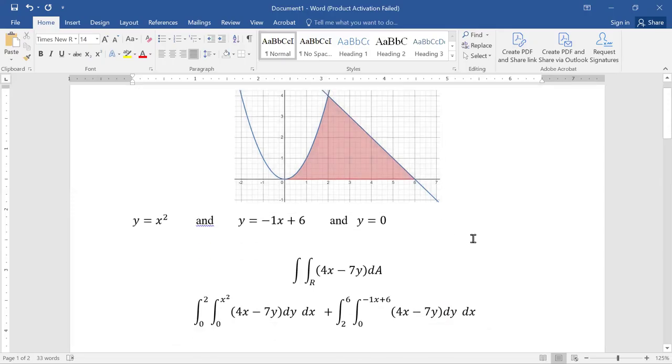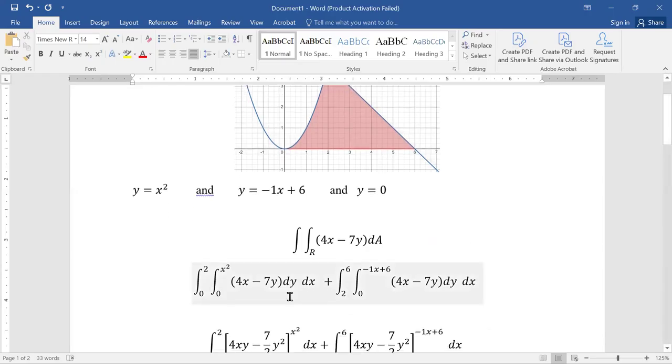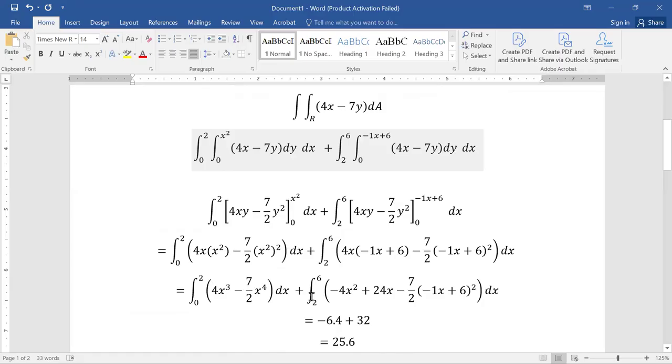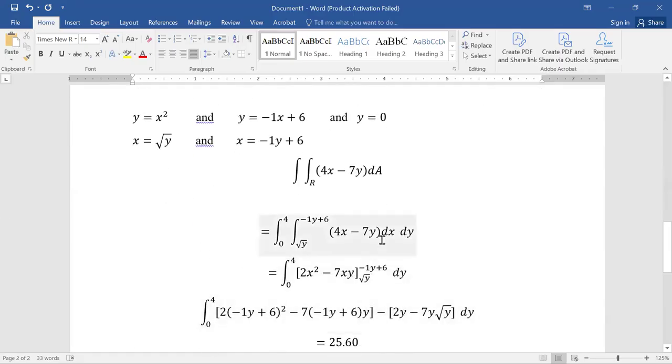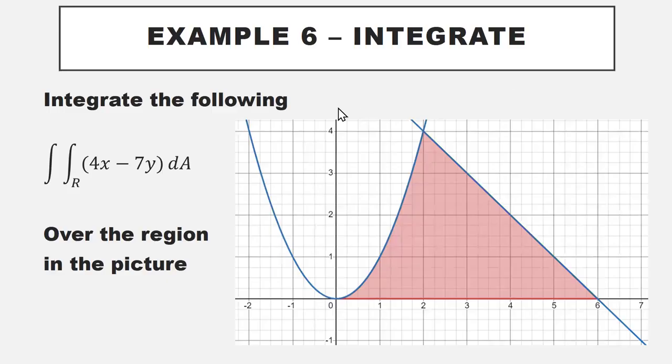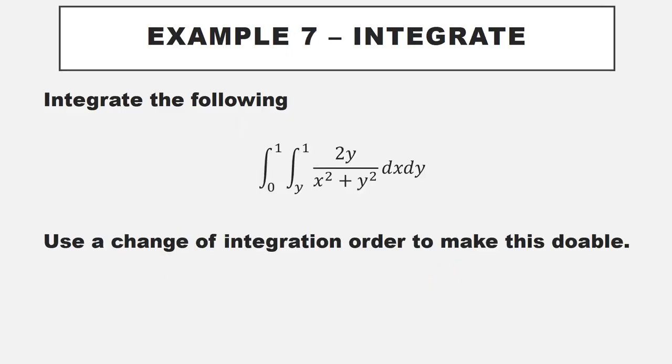And we also saw that when I integrate with respect to y, then with respect to x, you'll get the same answer as when you integrate with respect to x and then with respect to y, as long as the bounds are correct. So as long as we have these bounds correct, we can integrate either way.